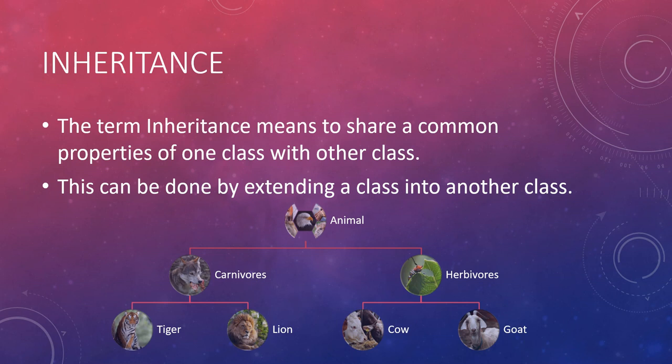Let us take an example of a class animal, which can be broadly classified into two, that is carnivorous and herbivorous. Carnivorous animals are flesh eating animals, and herbivorous are plant eating animals.